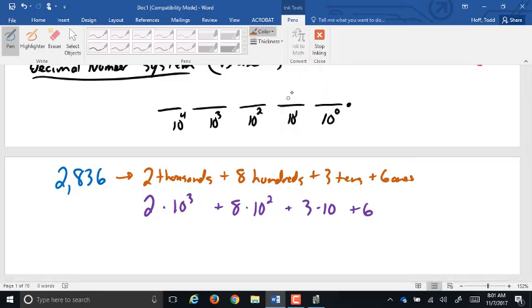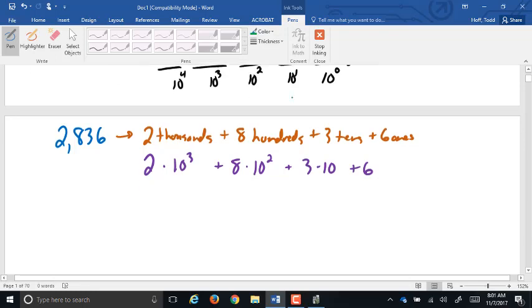Well, with that written out like this, I'm going to draw your attention to a similarity between that and an algebraic number. Bless you. Do you see the similarities here? 10 to the third, x to the third. 10 to the second, x to the second. 10x.